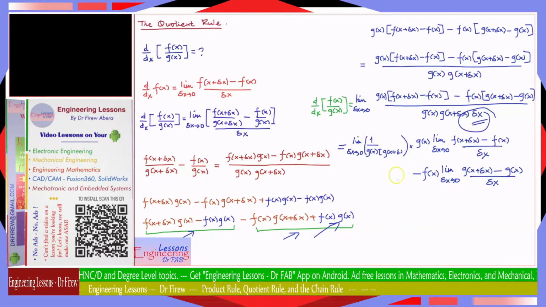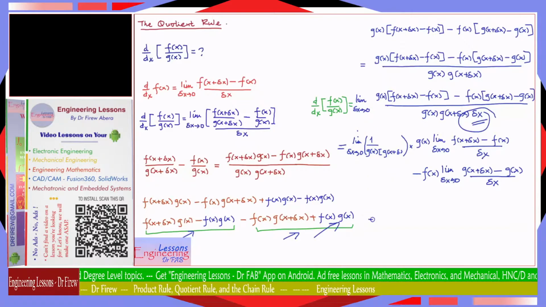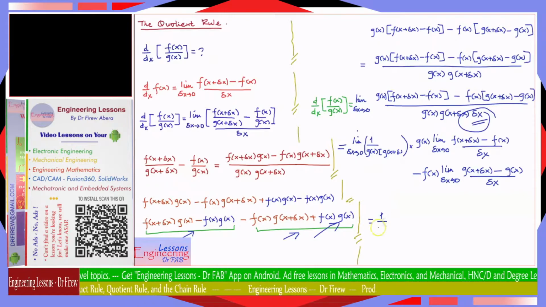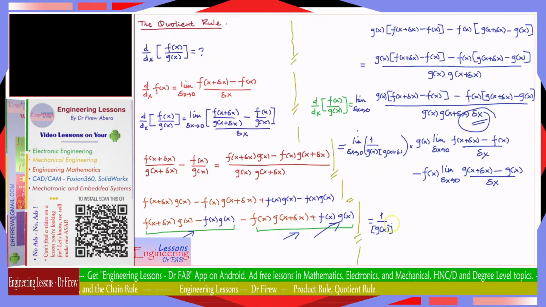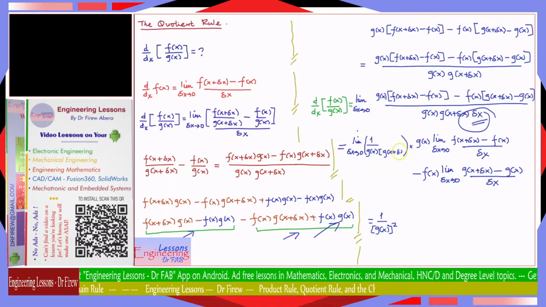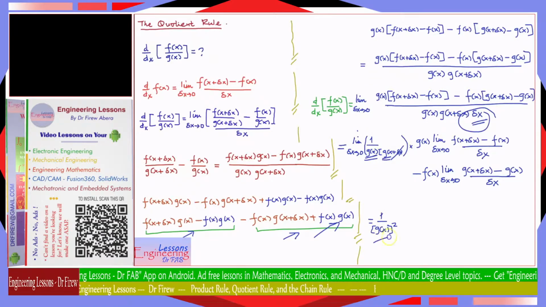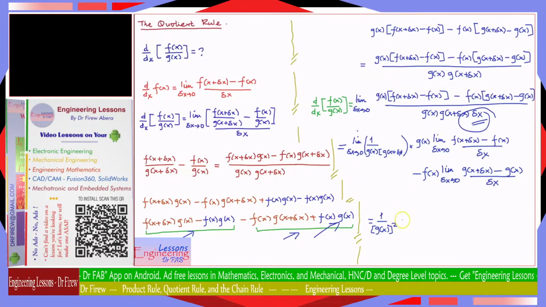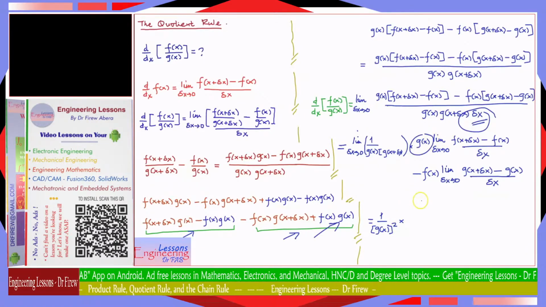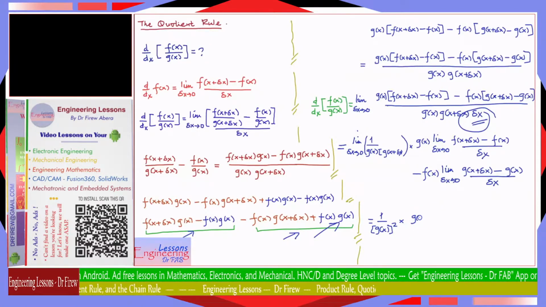Now we have simplified it, okay, so because the limit as sigma x approaches 0 of that expression equals 1 over g of x squared, so that will be, as the limit of change of x approaches 0, that will be 0, and we'll have g of x times g of x, which is g of x squared, okay, times, and that g of x is, again, as we've said, not dependent on sigma x, so that will be g of x.